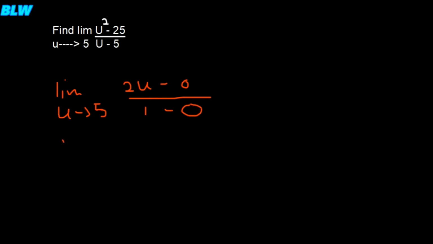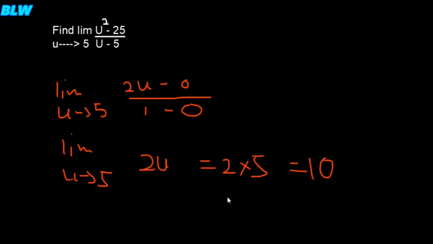So my limit as u approaches 5 becomes 2u. Then I'll have 2 times 5, which gives me 10. So that will be my limit. That's for L'Hopital's rule.